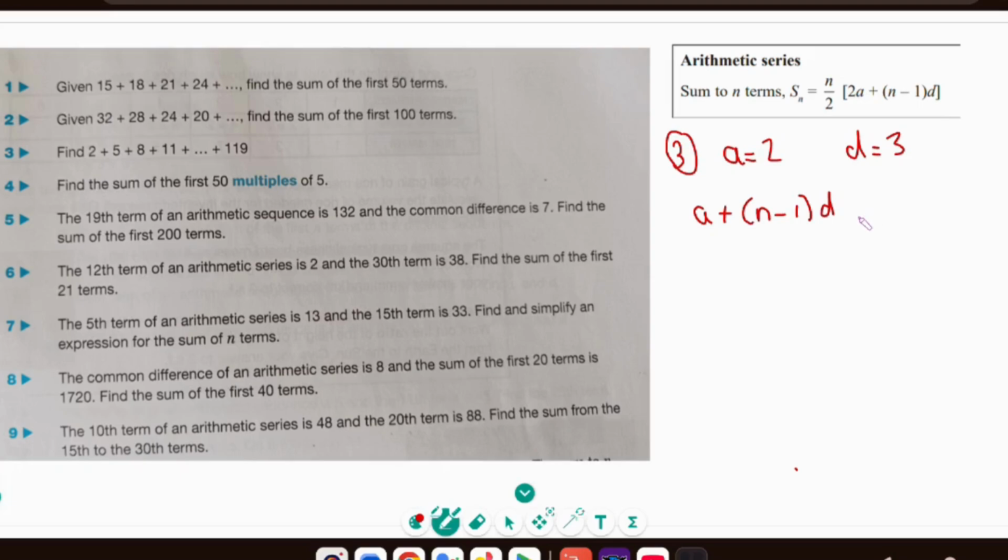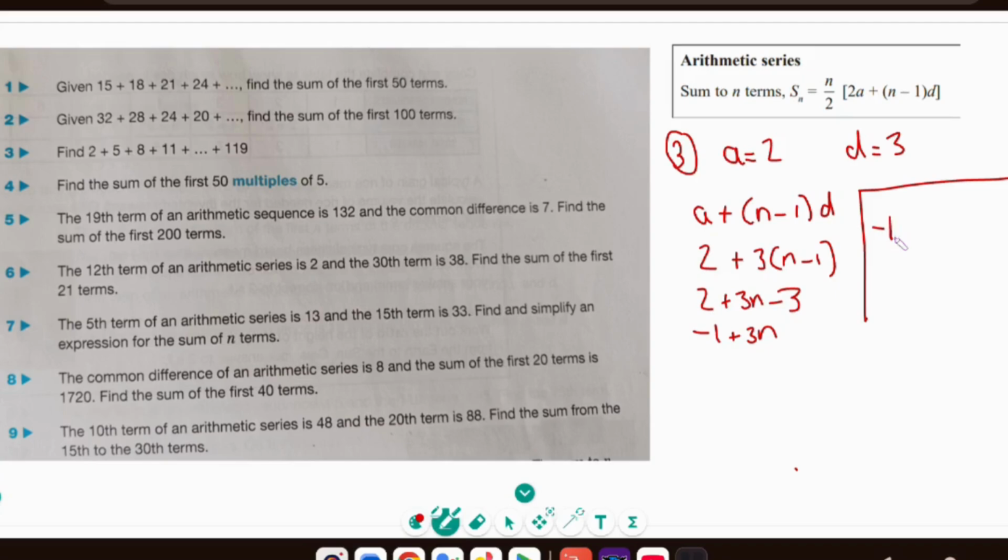Well, we can work out the nth term because we know A and D. Two minus 3 is negative 1. I'm just going to put that nth term equal to the 119.